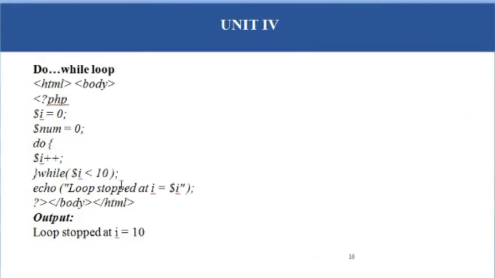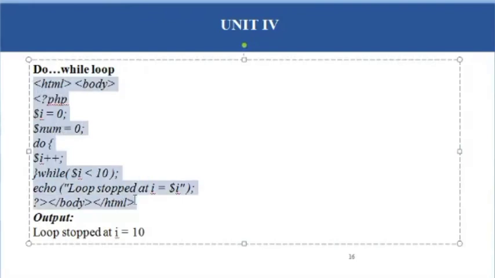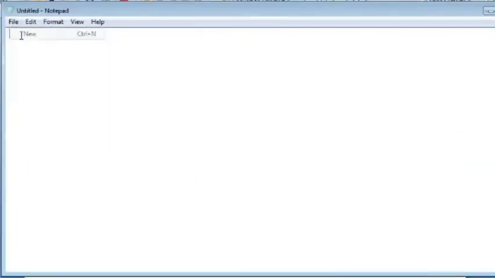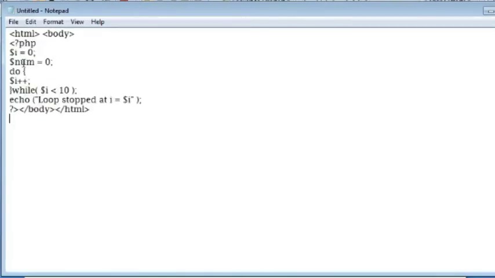And next, do while. In do while, the condition result is either true or false, but at least once the content will be printed. That is the concept of do while. The same coding: first initialize the variables, I equal to 0, num equal to 0.